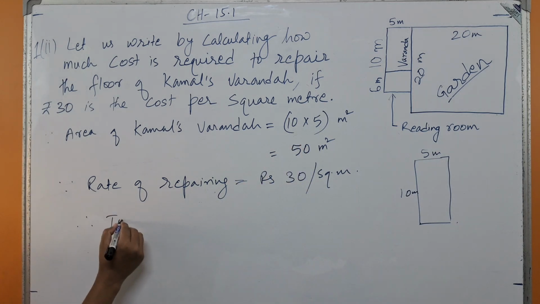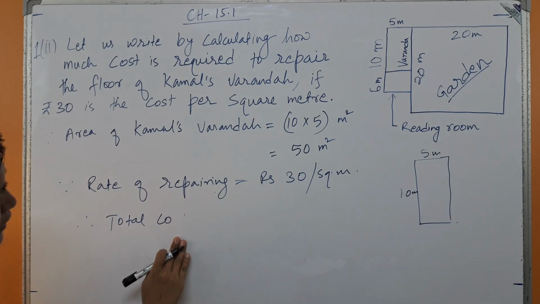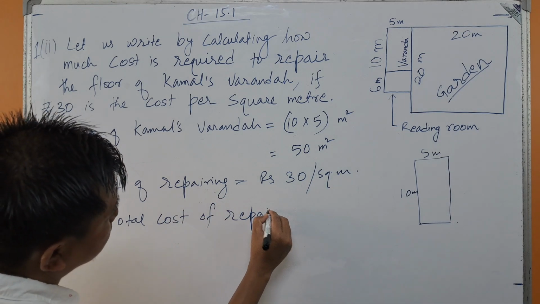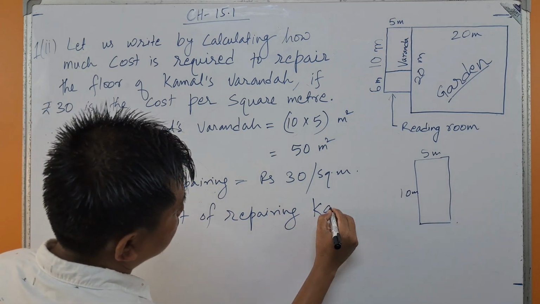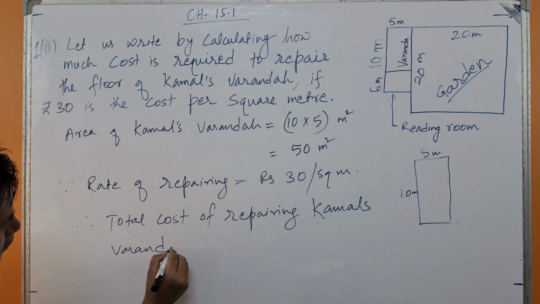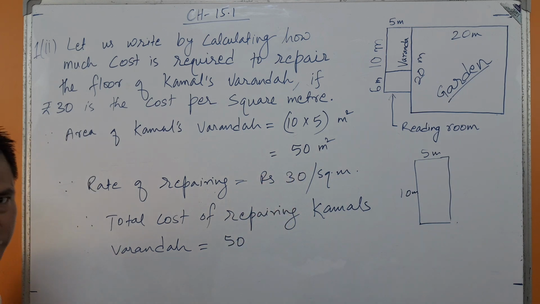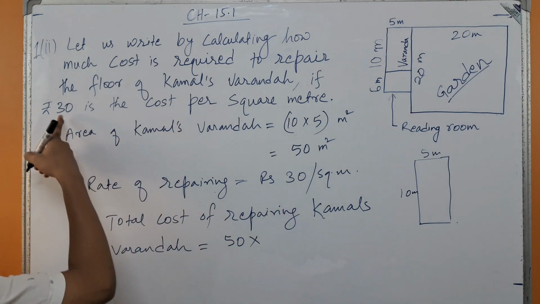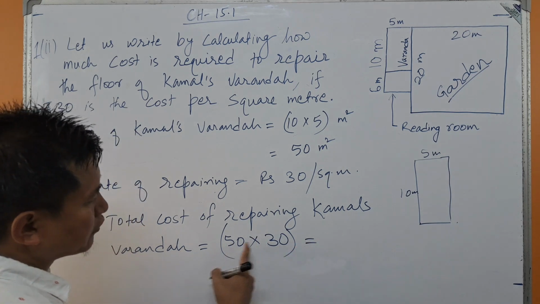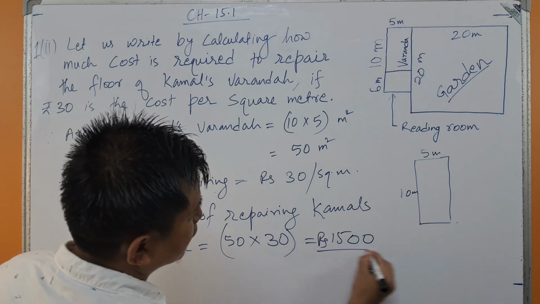Therefore, total cost of repairing Kamal's veranda equal to 50, total area of Kamal's veranda, into rate of repairing, that is 30. So 50 into 30 equal to 5 3s are 15 and these 2 zeros we put here, 1500 rupees.